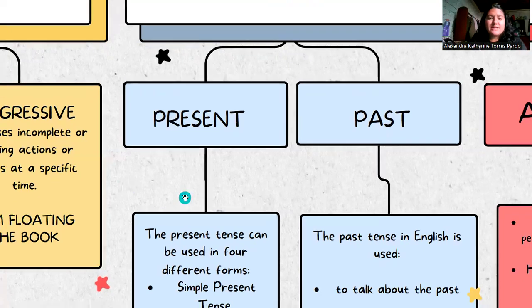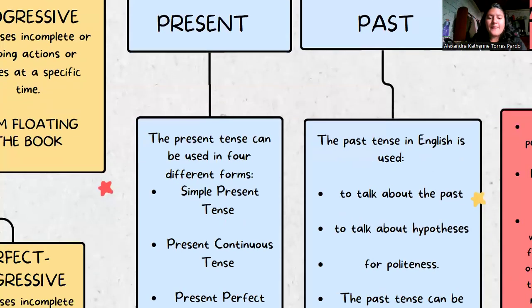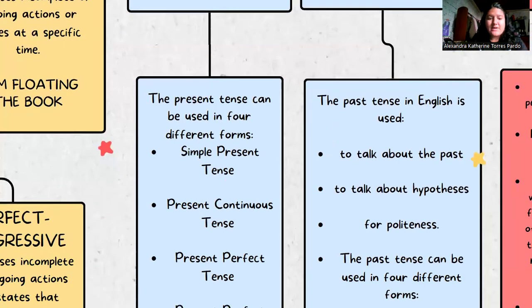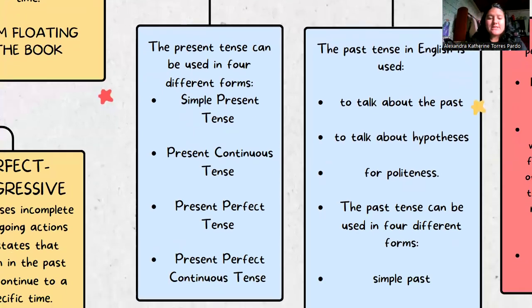The present tense can be used in 4 different forms: simple present tense, present continuous tense, present perfect tense, and present perfect continuous tense. The simple present tense is used to indicate the current action or an action that takes place regularly.